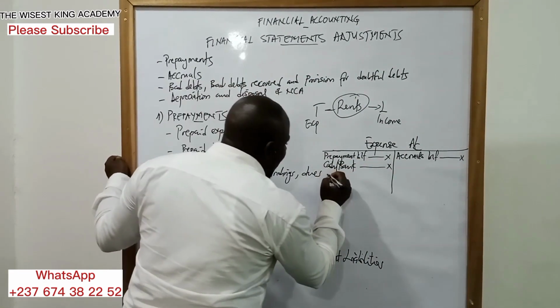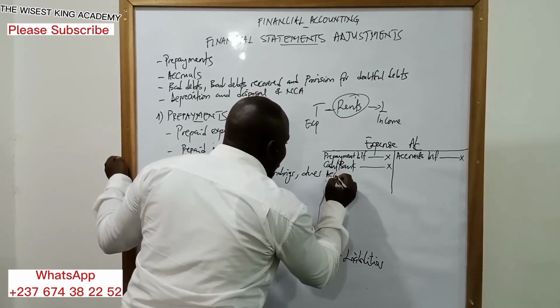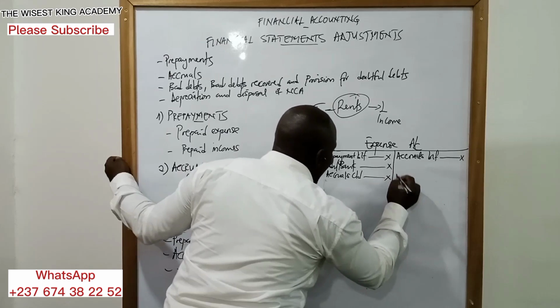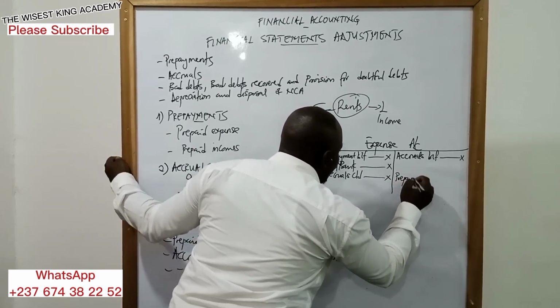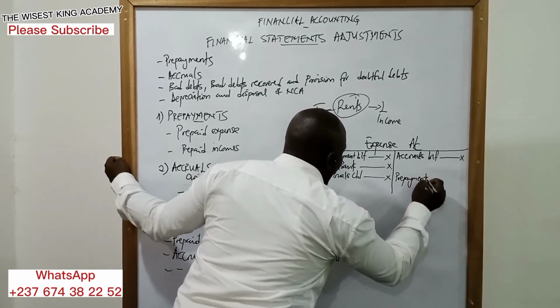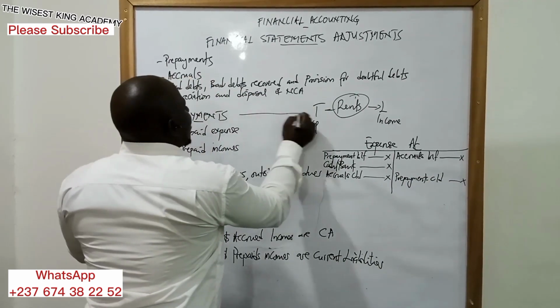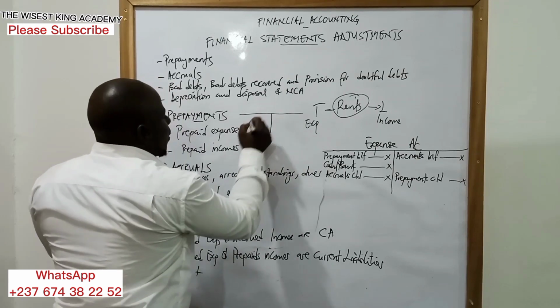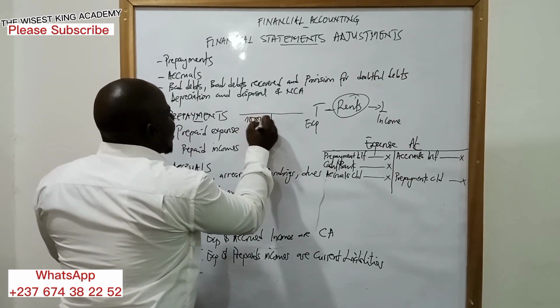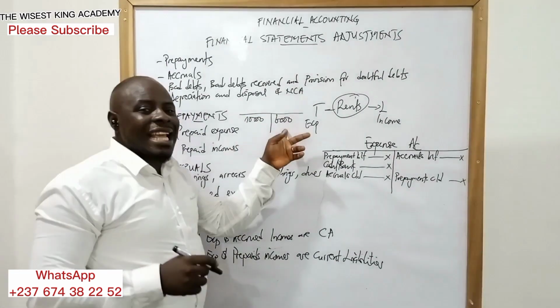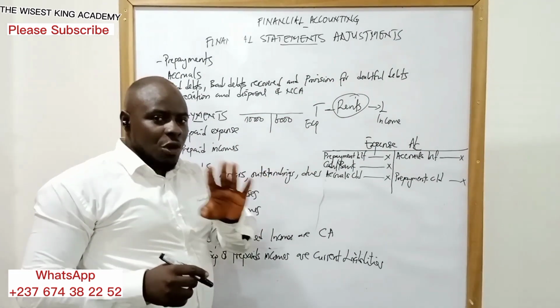And now at the end of the period, I'm going to have the accruals carried down. I will explain that. And I'll have here prepayments carried down. Now, look at this account here. This account has 10,000 and 6,000. This account has a debit balance of how much? 4,000.